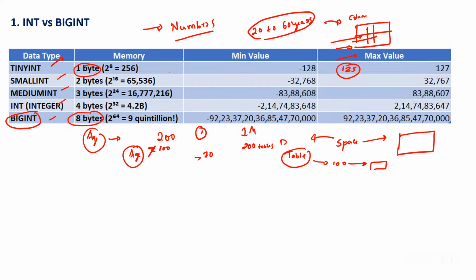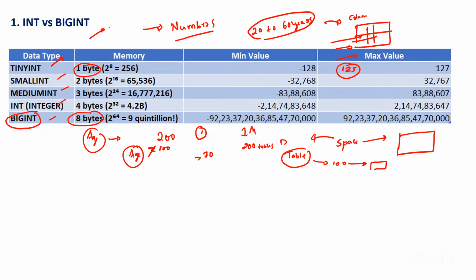Now, these numbers, 2 raised to 8, 2 raised to 16, if you ask me without this slide, even I will not be able to answer them. Now, how do I come up with the best data type for integer?